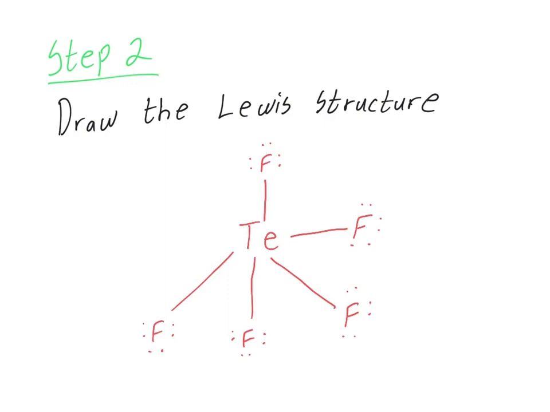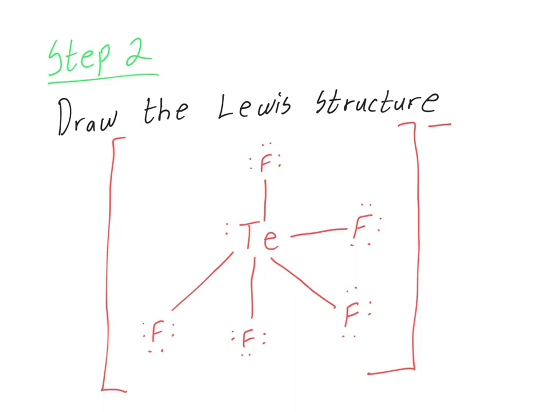And then you also have to include lone pairs, because the element Te doesn't follow the octet rule, so you would have to leave out lone pairs. And don't forget to put brackets on this compound because it is an ion.